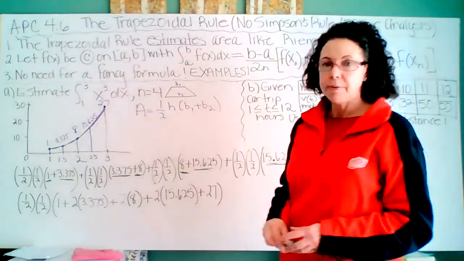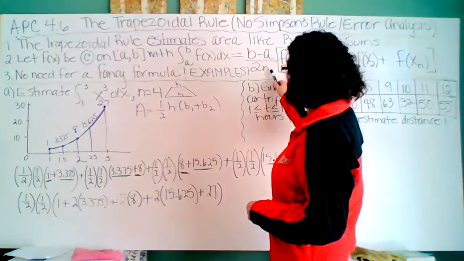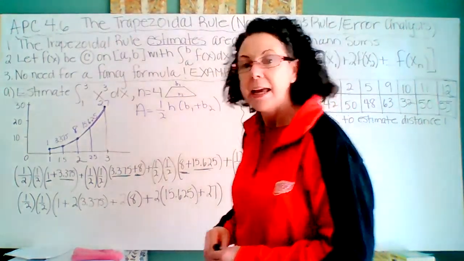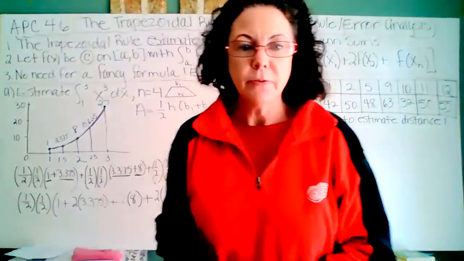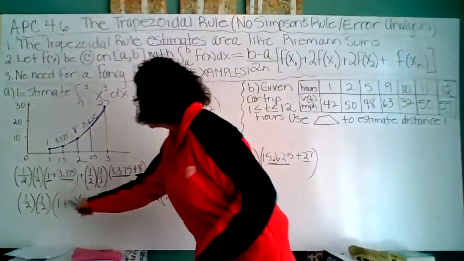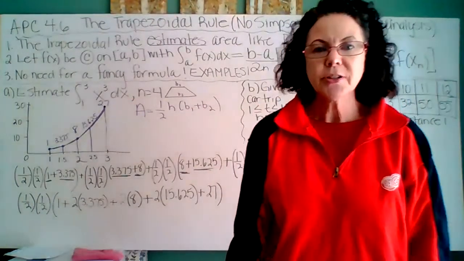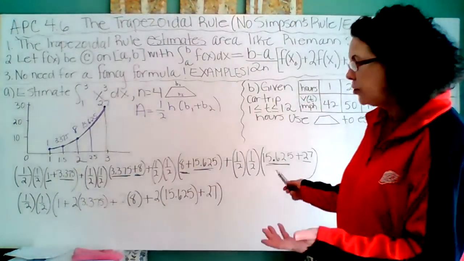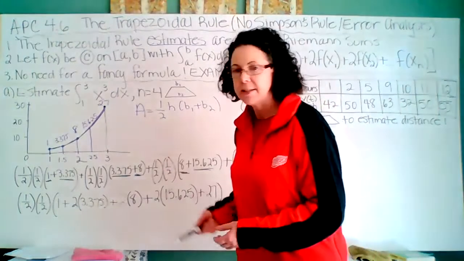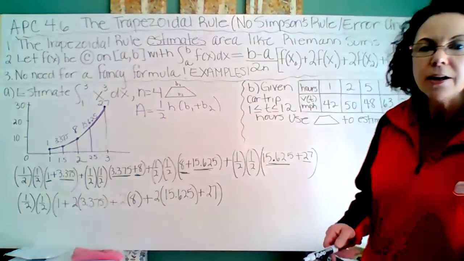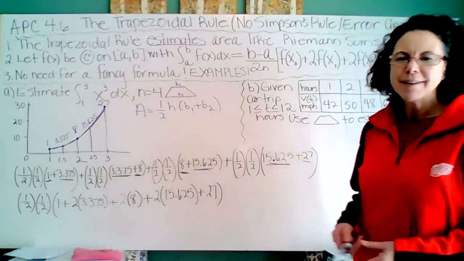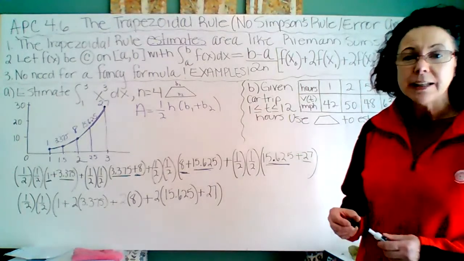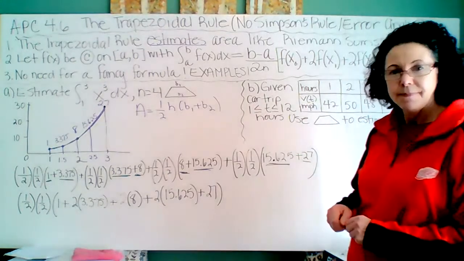Because we have 4 trapezoids. So we have 2 over 8, which is 1/4. Isn't that what we have right here in front? So you're welcome to use the formula, right? Certainly this was easier to write, but just so you know, if you find it confusing, you can do 4 trapezoids separately. Now, I'm not going to waste time and calculate both of these, right? Because I'm sure that you can. All you really needed to do was see the setup.